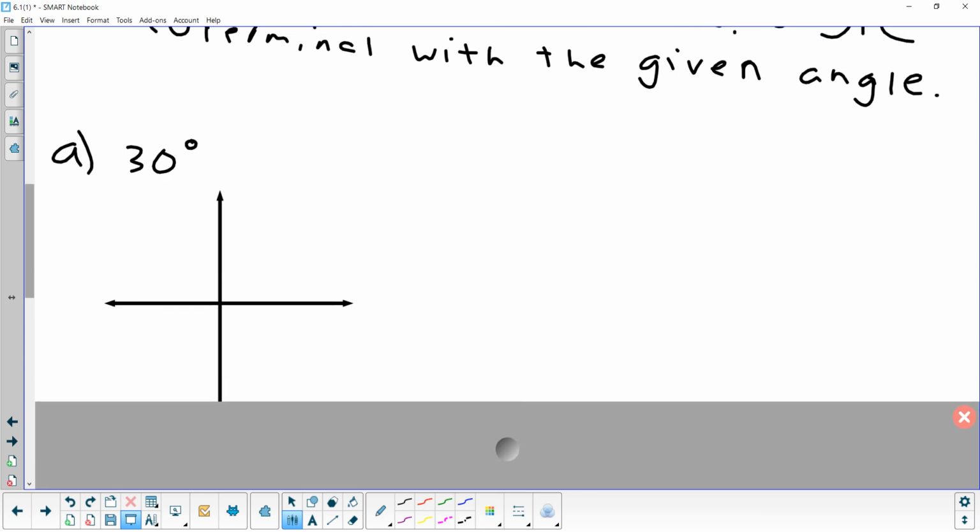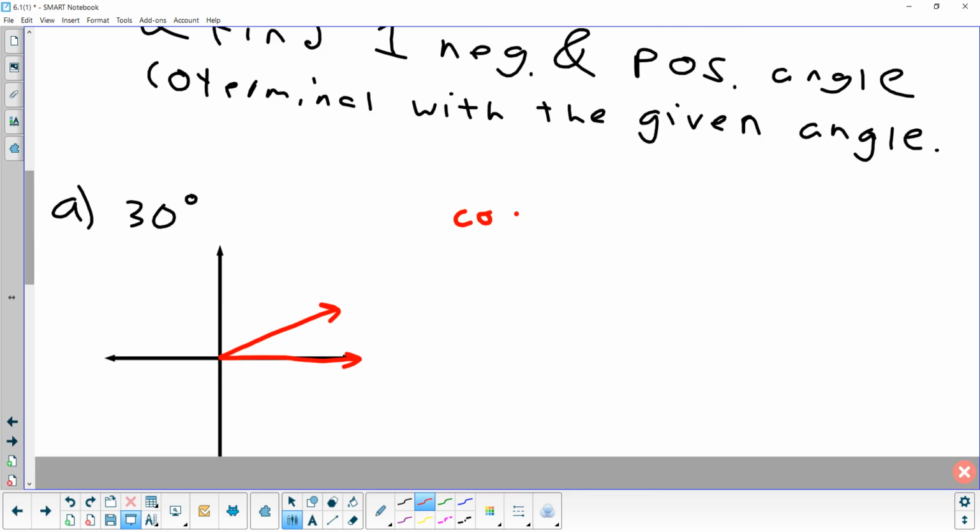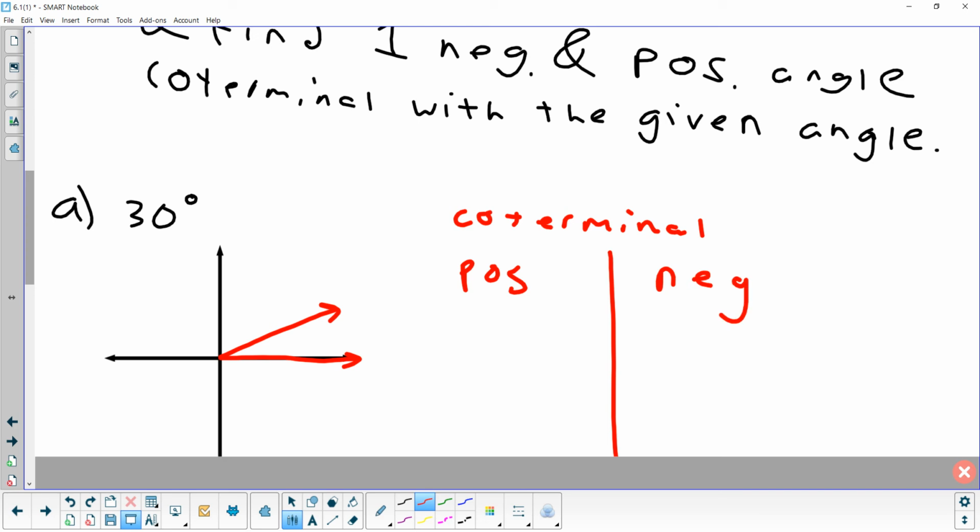So a 30-degree angle would look like this in standard position. There's your initial, and your terminal side might be something about that. Okay, so let's find a coterminal angle that's positive and negative.